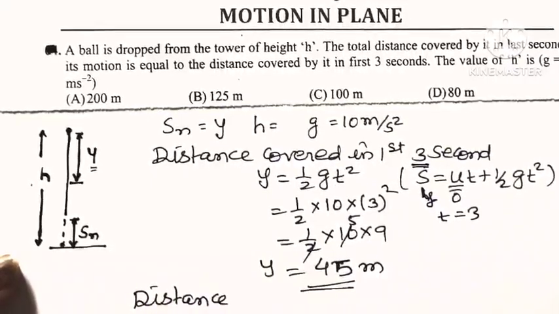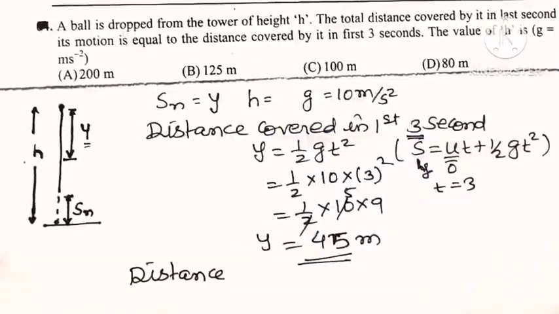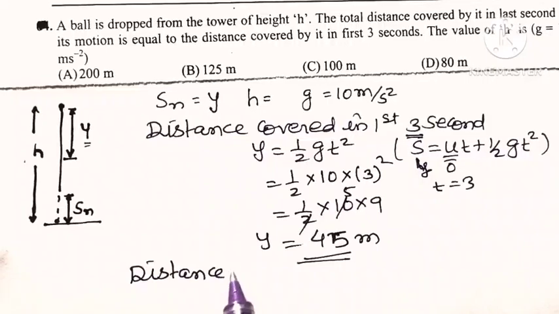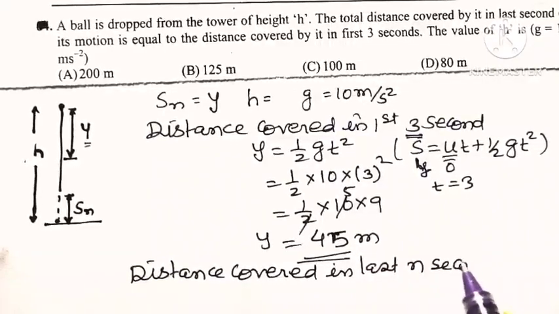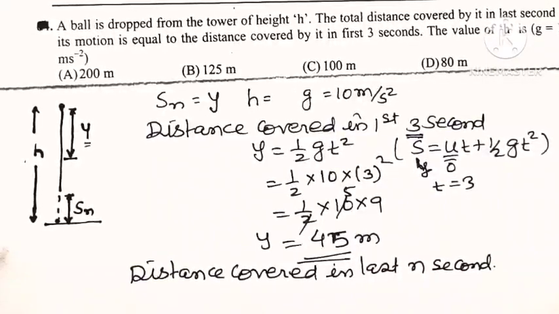Now the distance covered by particle during the nth second. Suppose we had considered that the particle takes n seconds to fall down on the earth. So the distance covered in the last, or nth, second is Sn.